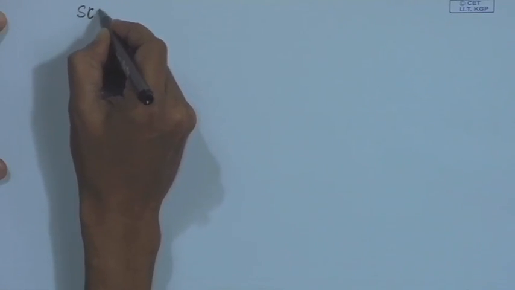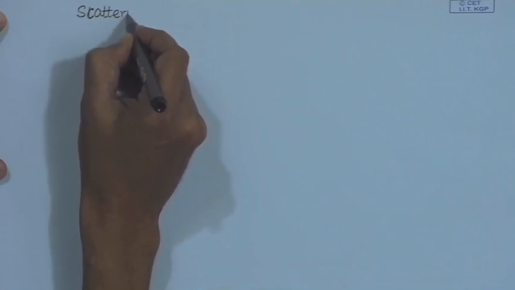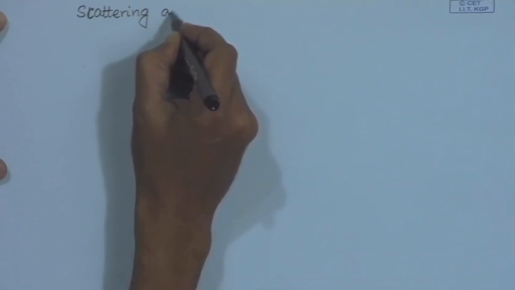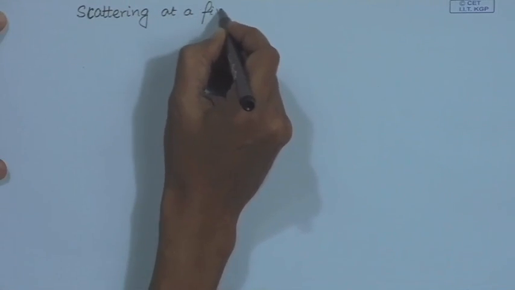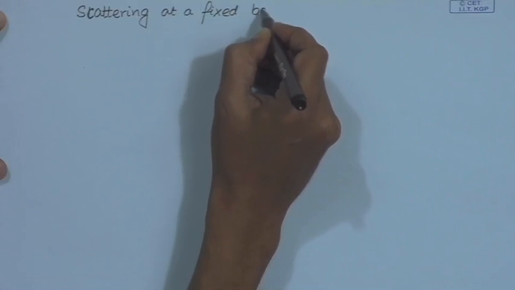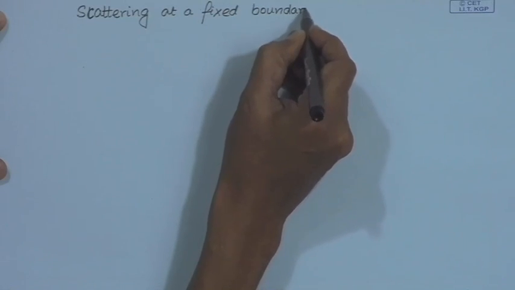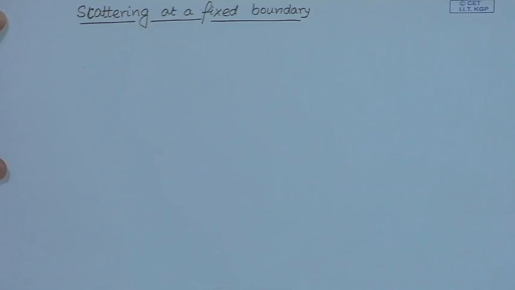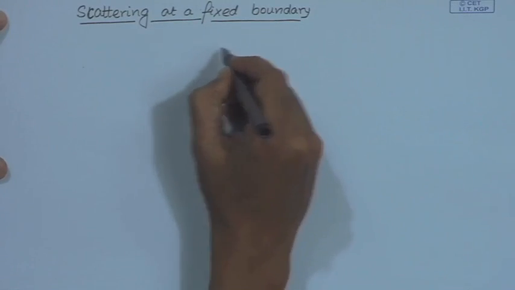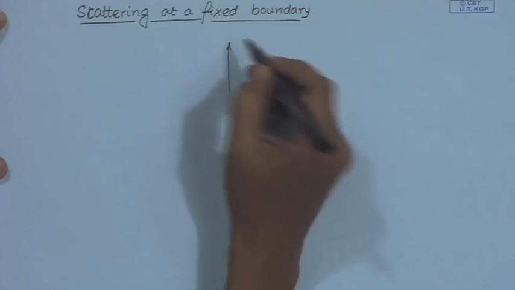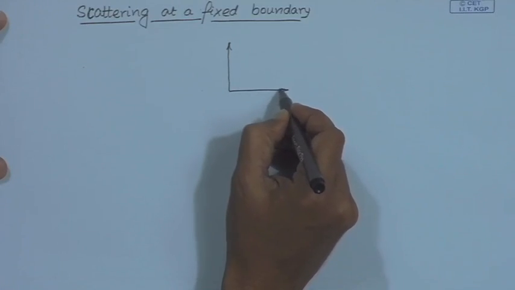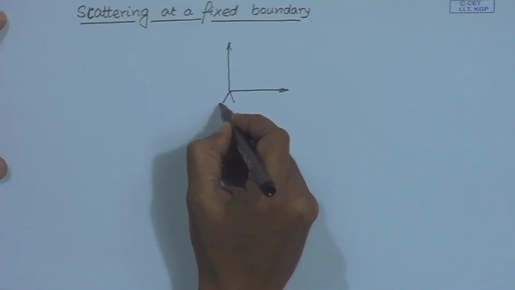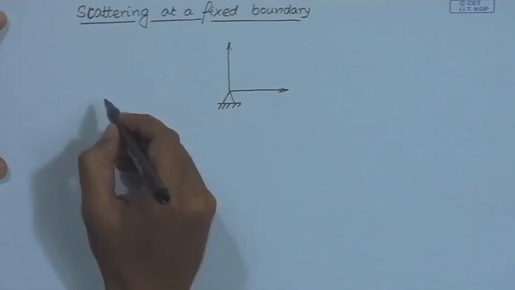So, let us start with scattering at a fixed boundary. We will study this problem with the help of the example of a semi infinite string.